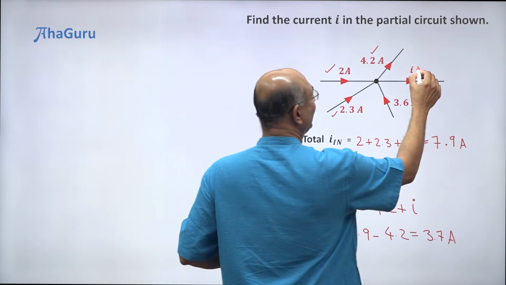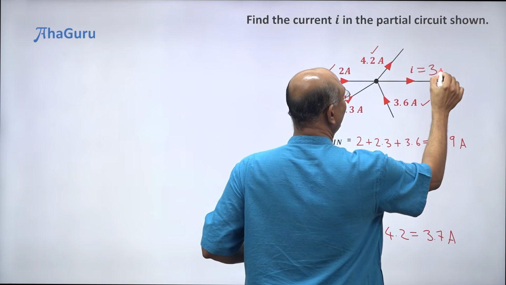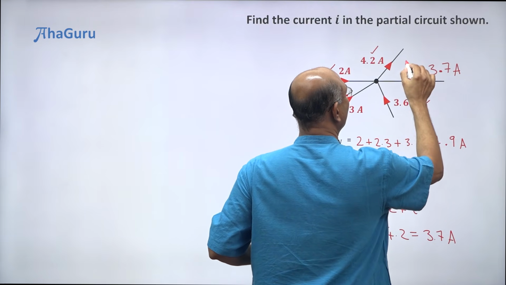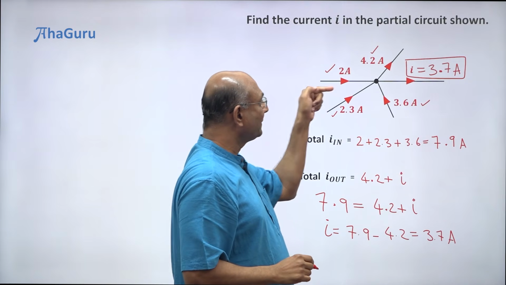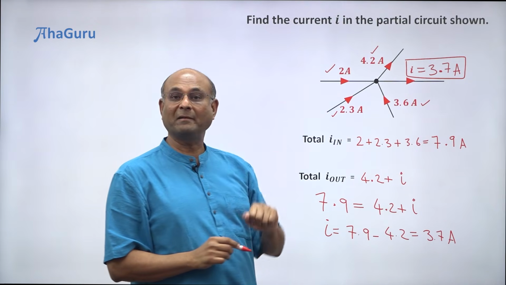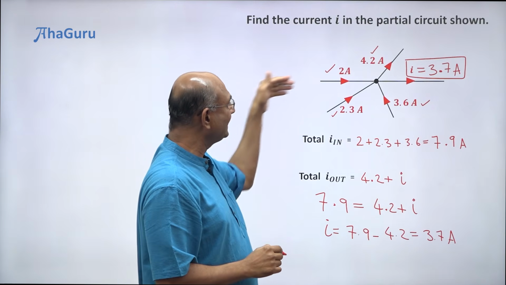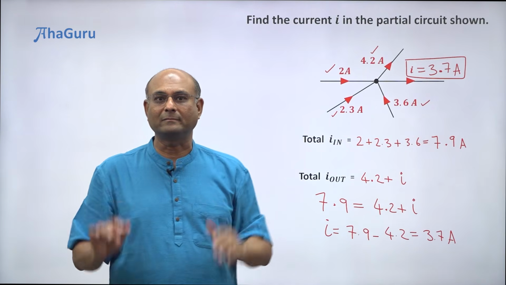So this current I must be 3.7 amperes. So that is the answer to this question. So 4.2 amperes plus 3.7 amperes gives us 7.9 amperes going out and 7.9 amperes is coming in.